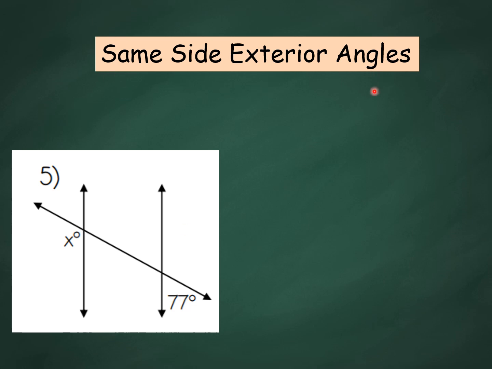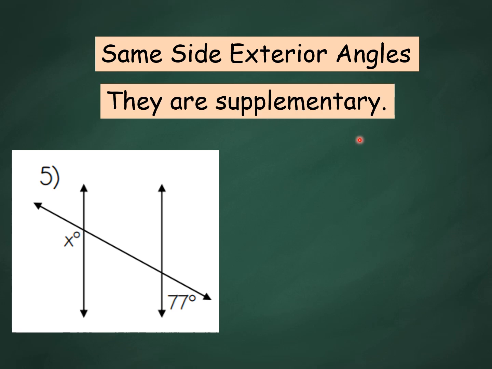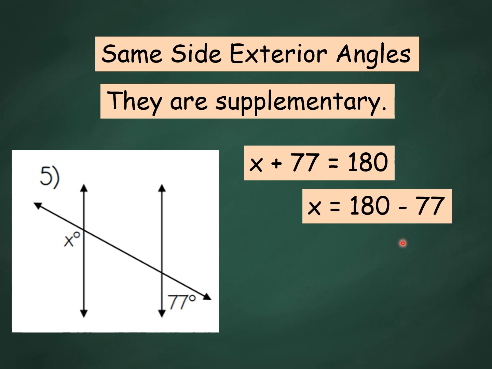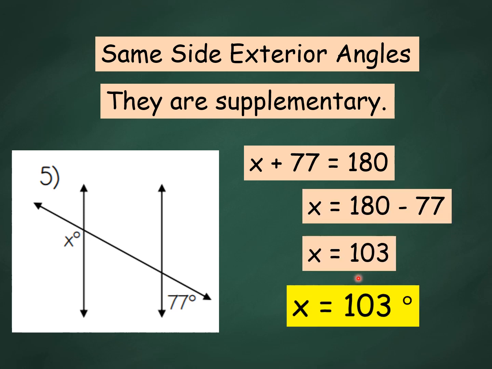At ang same side exterior angles natin ay supplementary. So ibig sabihin, i-add natin yung dalawa at ang total ay 180 degrees. So magma-minus 77 tayo sa parehong side. So 180 minus 77 is 103 degrees. So ang supplement ng 77 ay 103.